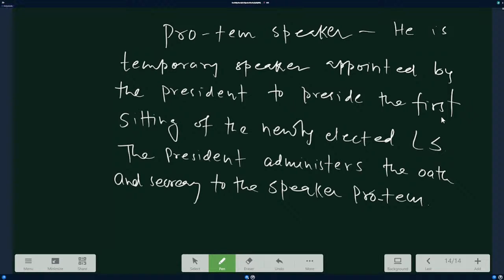Fine. When the new Speaker is elected, the office of the Speaker pro tem ceases to exist.